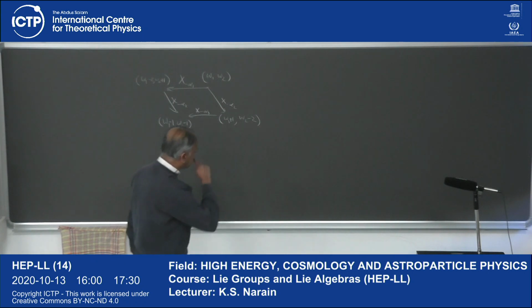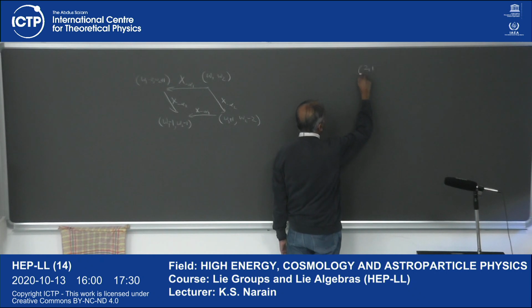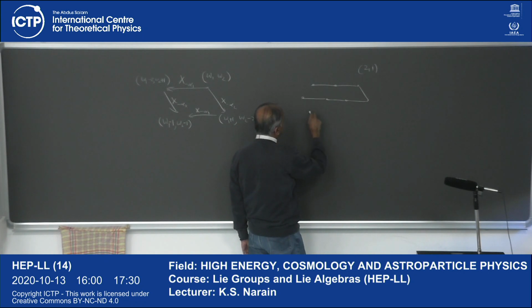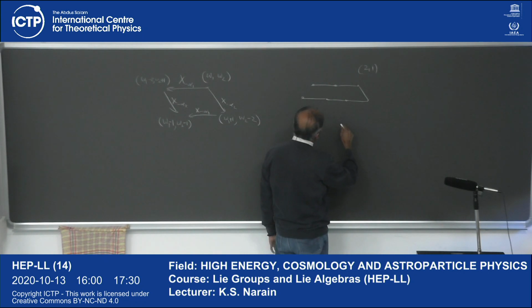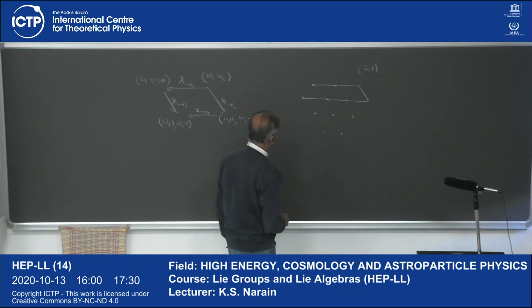In fact, the general picture is that, for example, in the case 2,1, I think it was like this, and then here Q1, and you had something like that, right?